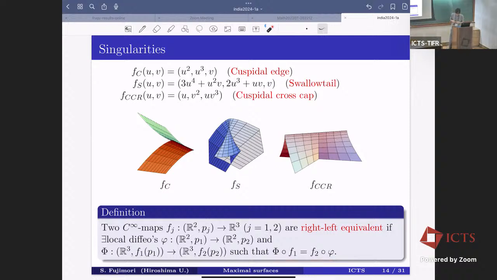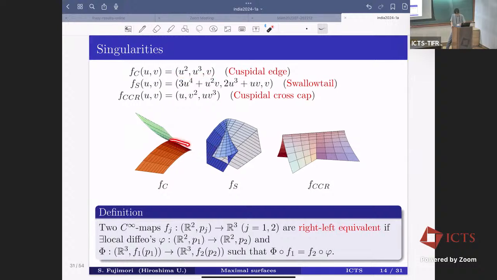So we say that the singular point is a cuspidal edge if the surface is right-left equivalent to the standard cuspidal edge. So we say the surface has a cuspidal edge. So these points are right-left equivalent to this.